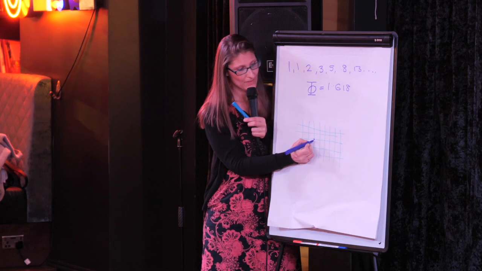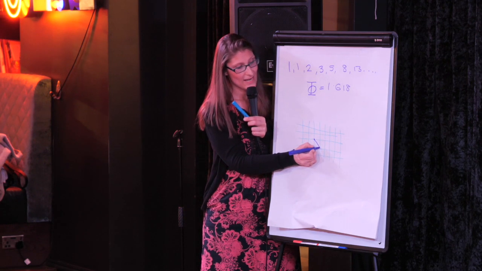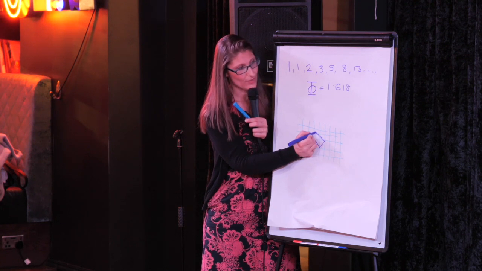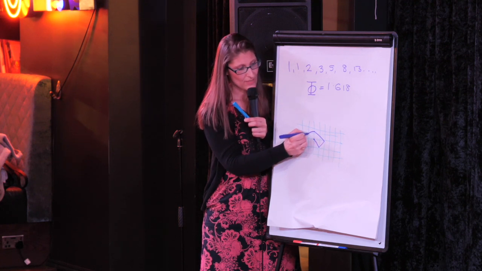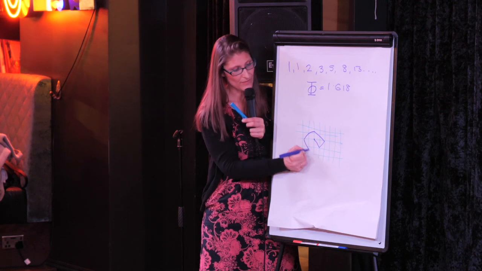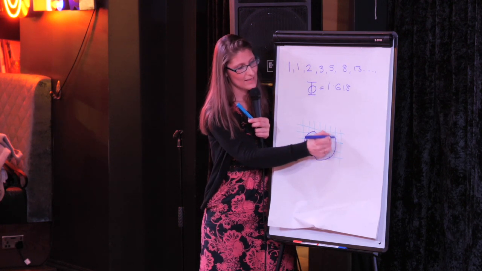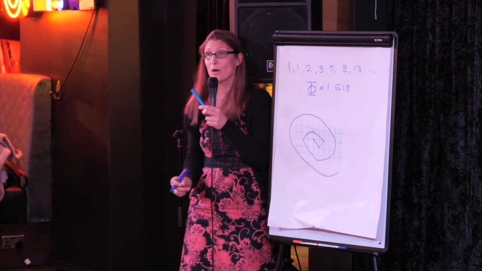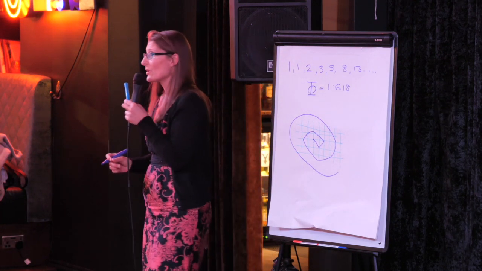So you start with 1, and then you draw across 1 square, and then you draw across another 1 square, and then you draw across maybe 2 squares, and then maybe 3 squares, and then maybe 5 squares, and then 8, and so on. You end up drawing the most perfect, beautiful spiral. It's known as the golden spiral.